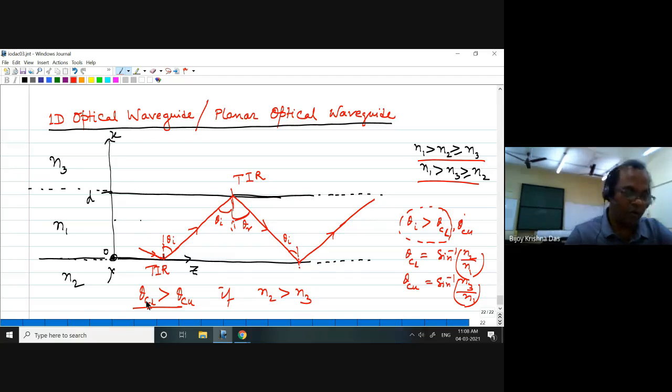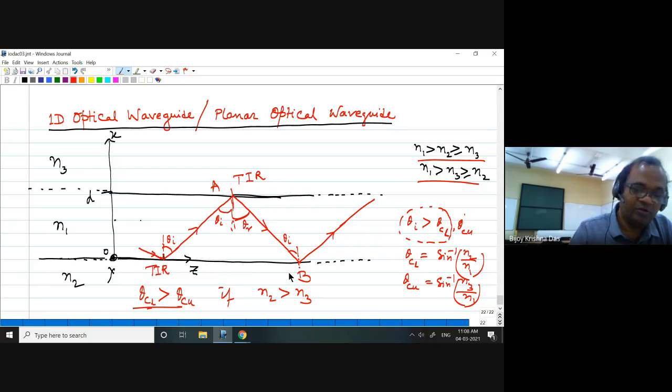Now what we have to consider is that when this total internal reflection happens, we know that there will be some kind of phase change at point A, for example, and let us consider this is the B point.